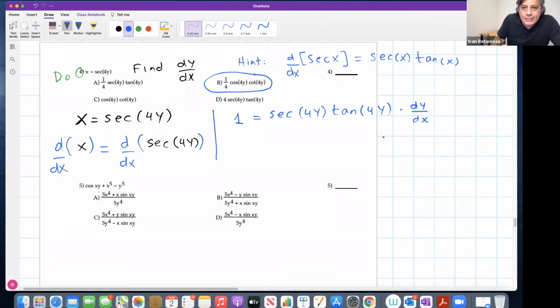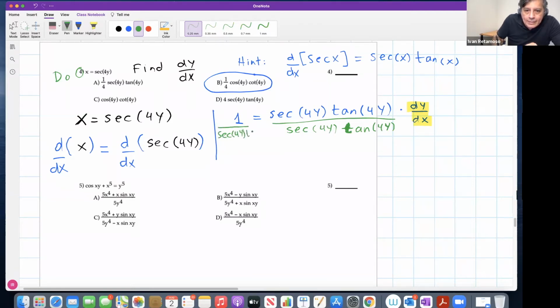Now I have to isolate this guy, get dy/dx by itself. So I gotta move this to the other side. In order to do that, I'm going to divide both sides of this equation by secant of 4y tangent of 4y.